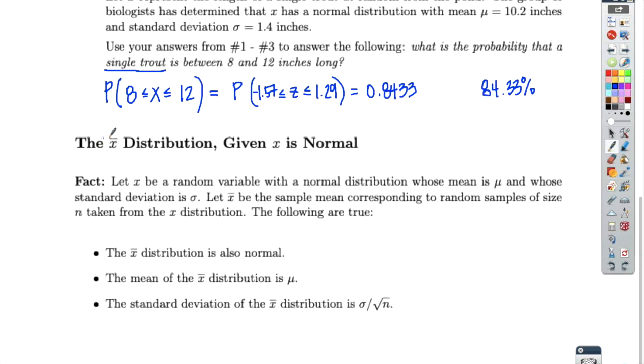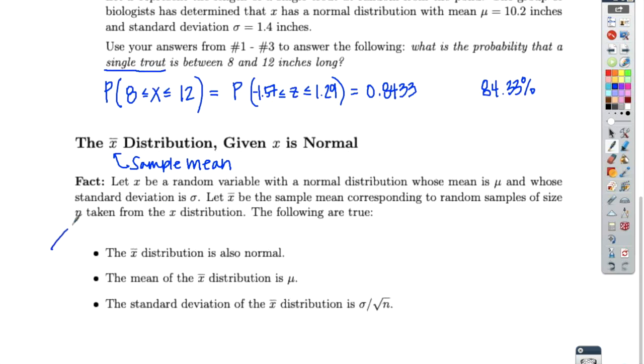Okay, so again, we're talking about the sample mean distribution, the x bar distribution, given that our original distribution of just x's is normal. And the fact is this, if x is any normal, that's true. If x is a random variable with a normal distribution, whose mean is mu and whose standard deviation is sigma, let x bar be the sample mean corresponding to random samples of size n.